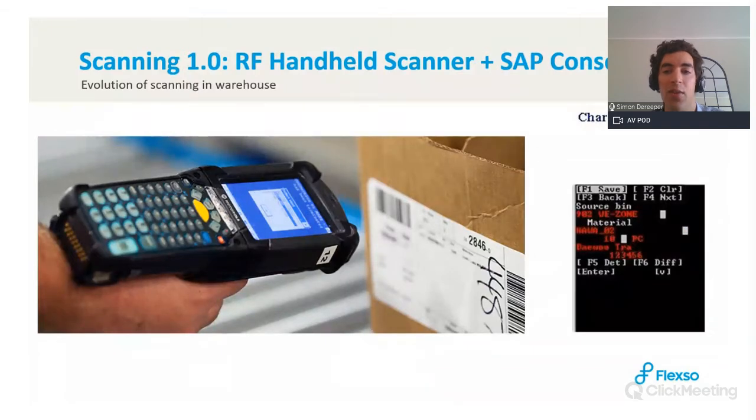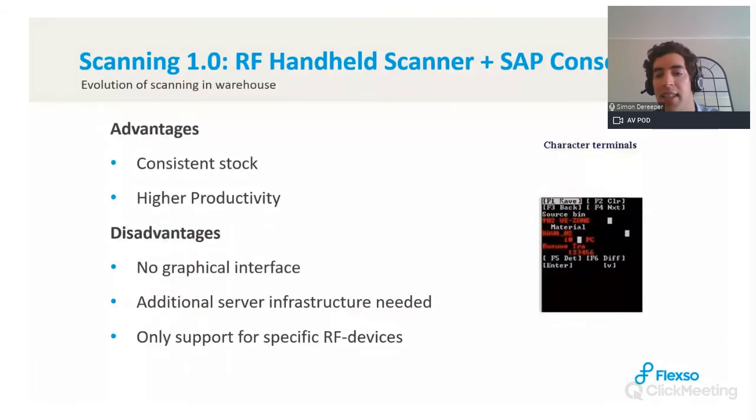The first scanning solution of SAP was in fact SAP Console. People who have been using SAP for a long time know this technology. It's based on Telnet. But as you see in the screenshot on the right, there is no graphical interface.